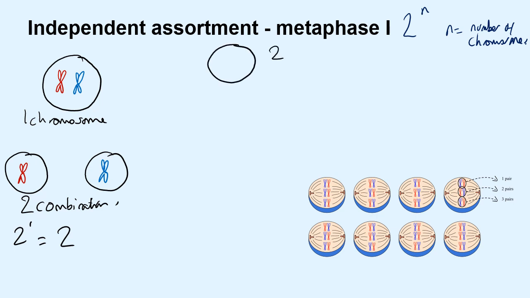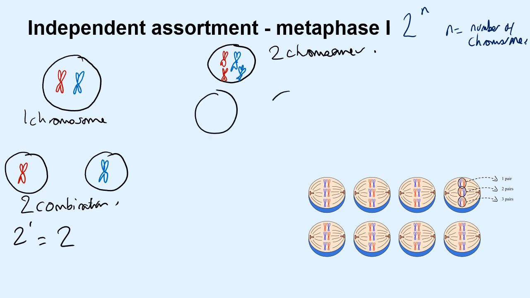So 2 chromosomes. Remember, everyone has to be diploid. I should have drawn a bigger cell. So we've got maternal and paternal versions of everything.